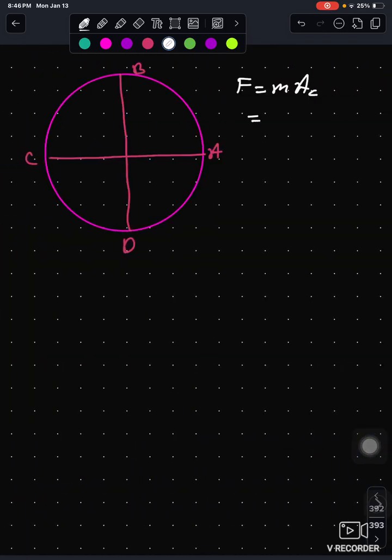Then we expand this equation and we get mv square over r. This is our centrifugal force.